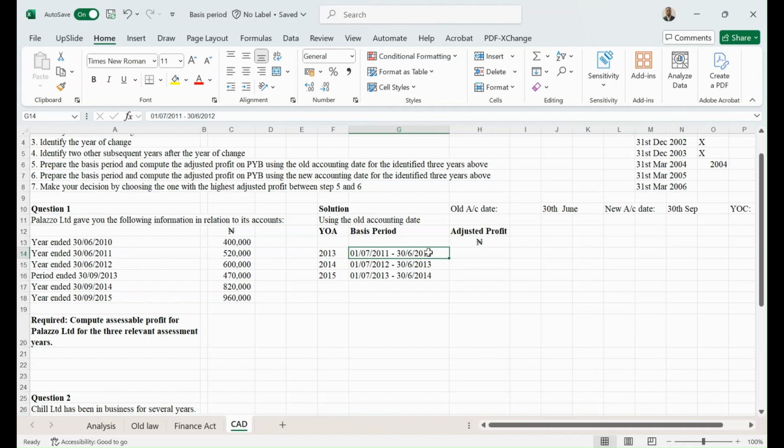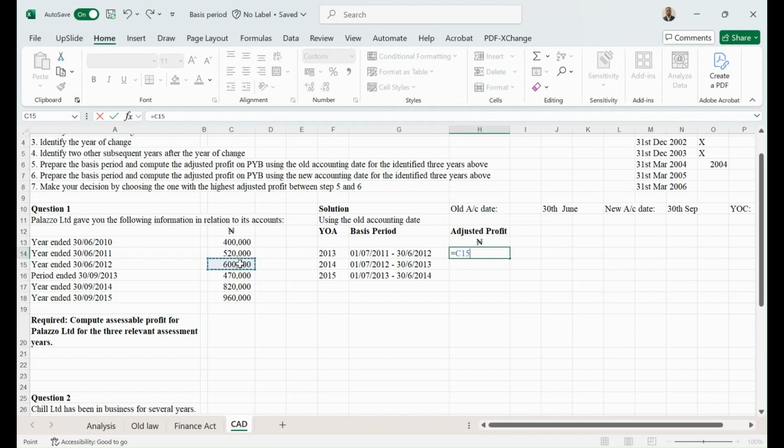From this date to this date is a 12 months period, exactly the same thing as year ended 30th June 2012, which is a 12 months period. So what that means is that the adjusted profit is going to be 600,000.